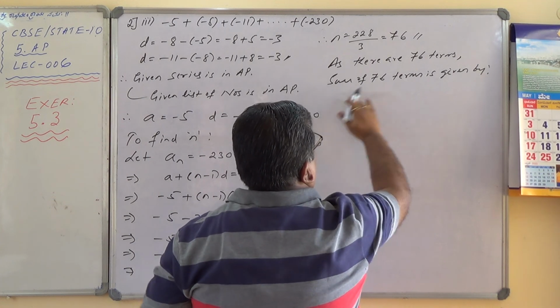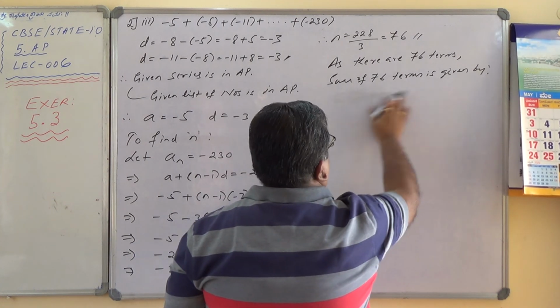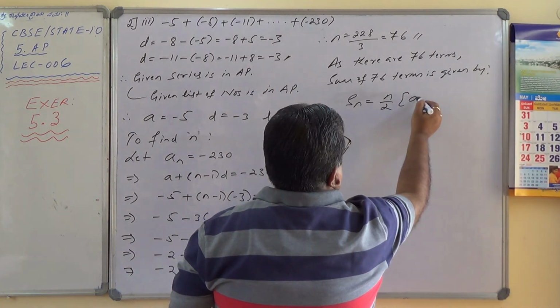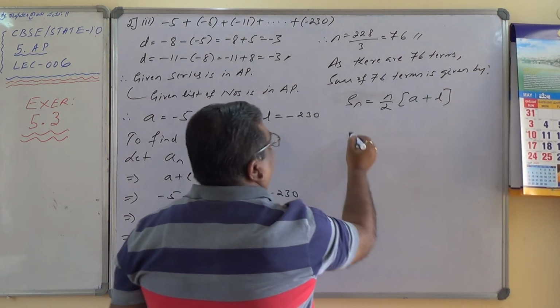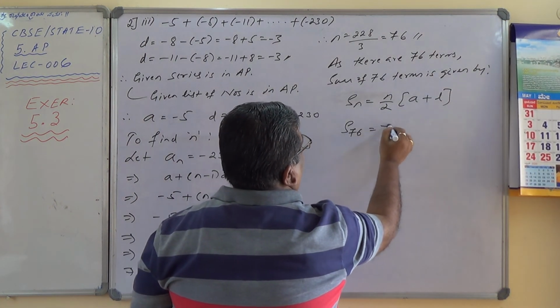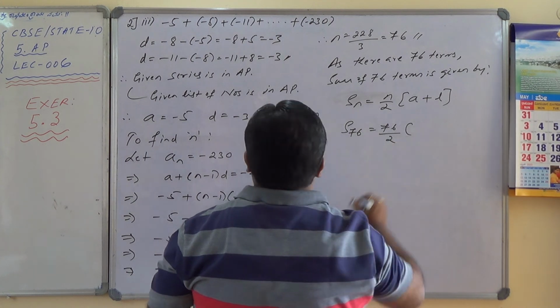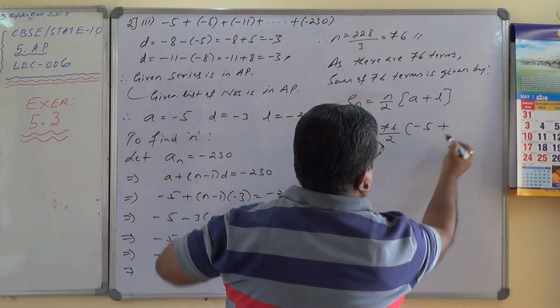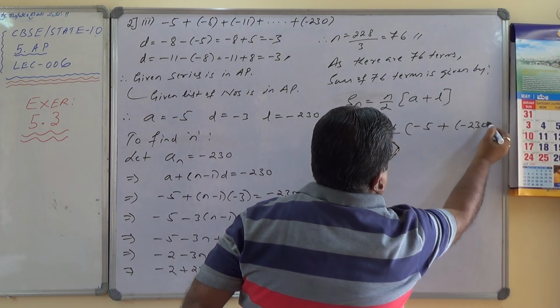Of course you can use the other formula. Sn equals n by 2 times a plus l. Here S76 is equal to 76 by 2 times a, which is minus 5, plus l, which is minus 230.